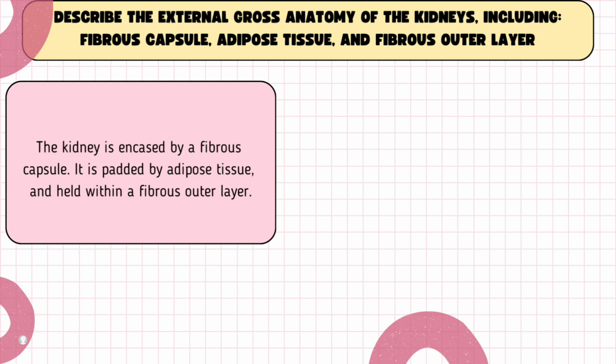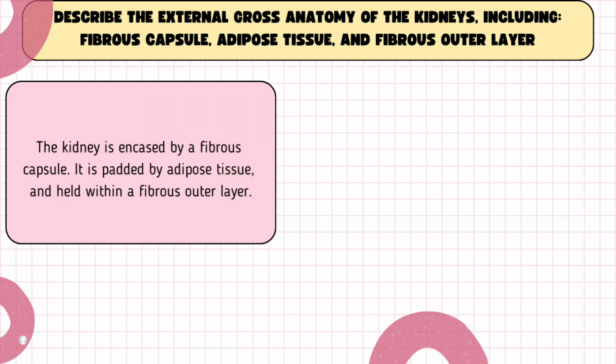The fibrous capsule can also be known as the renal capsule. It is a thin, dense connective tissue layer, and it tightly adheres to the kidney surface. It also provides structural support and protection to the renal parenchyma. Adipose tissue is a layer of fatty tissue that surrounds the renal capsule.